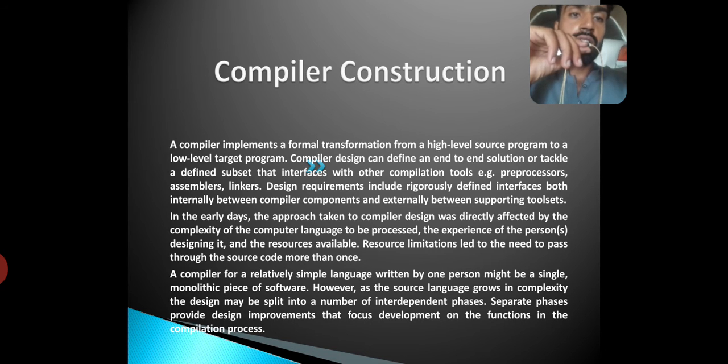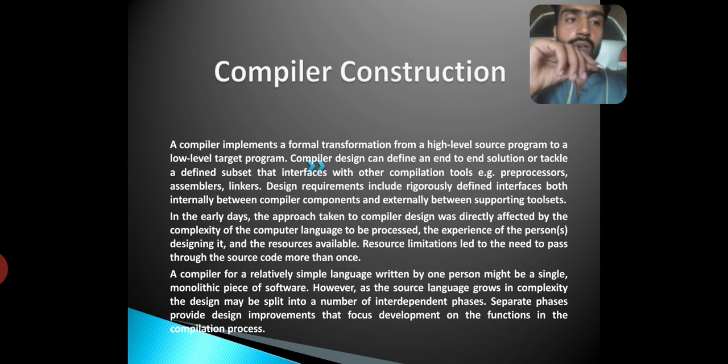A compiler for a relatively simple language written by one person might be a single monolithic piece of software. However, as the source language grows in complexity, the design may be split into a number of interdependent phases. Separate phases provide design improvements that focus development on the functions in the compilation process.